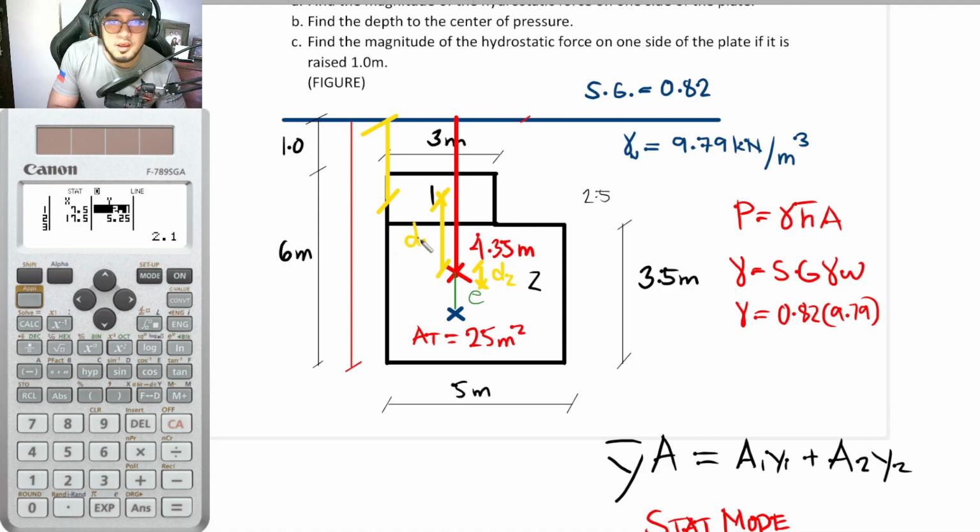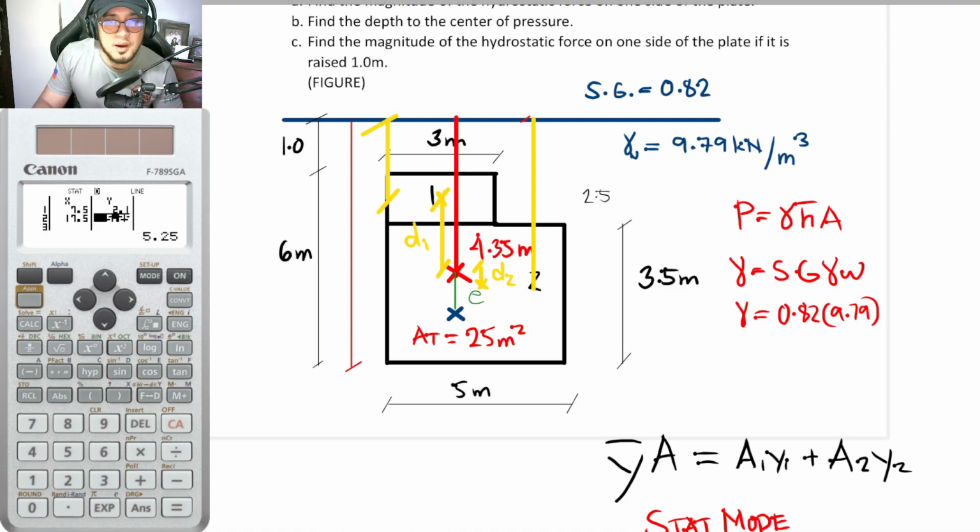And for D2, earlier, our distance from the surface up until the centroid of the second figure is 5.25, as you can see in your calculator. We will subtract. Why do we subtract?